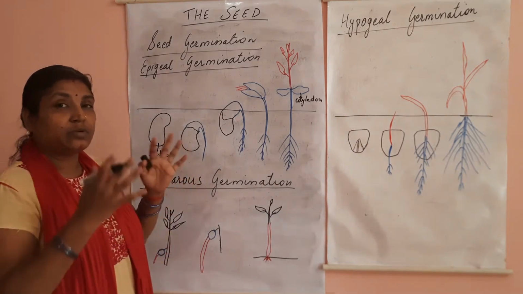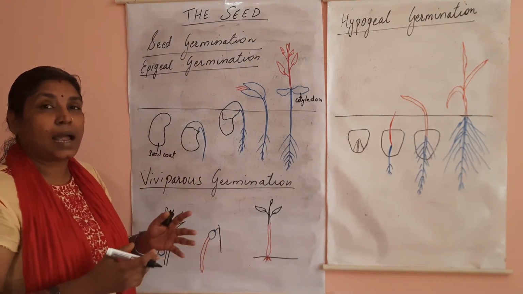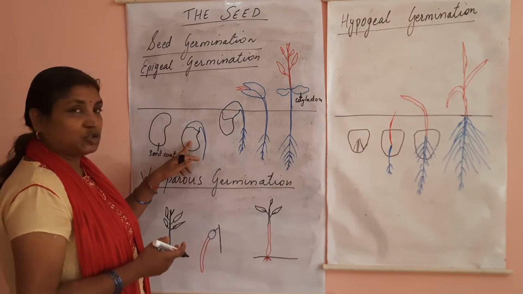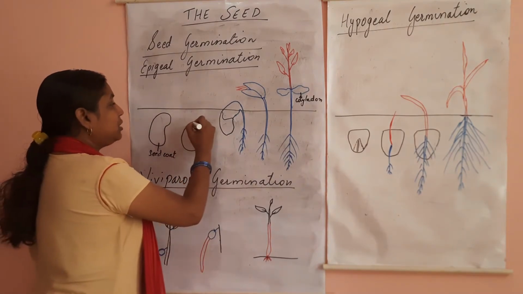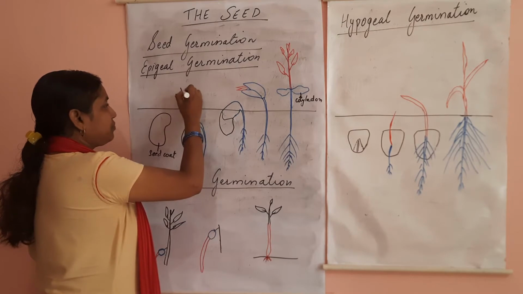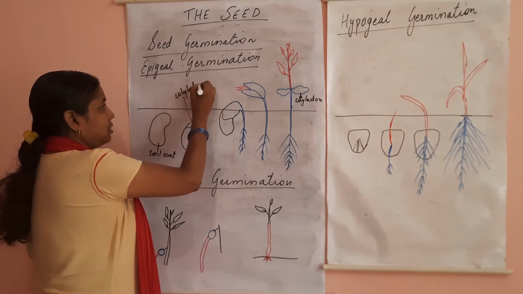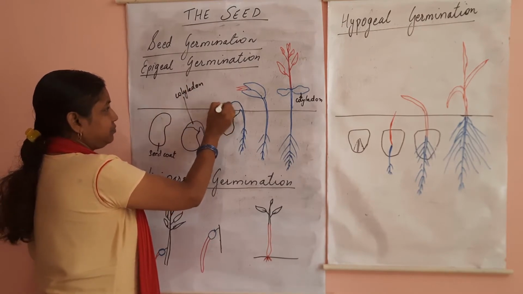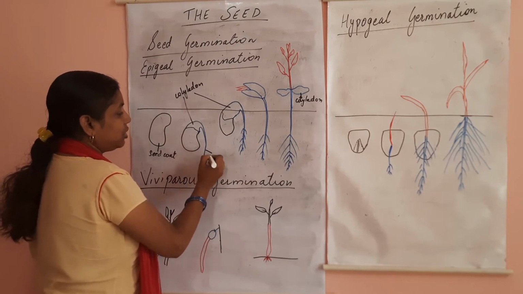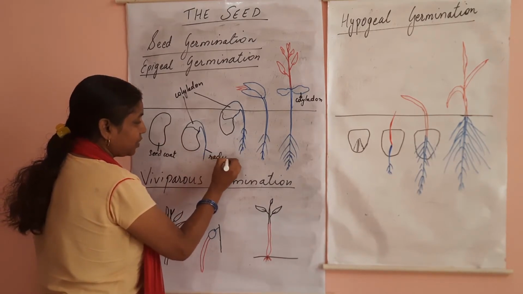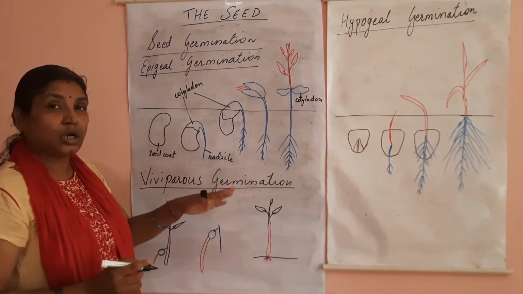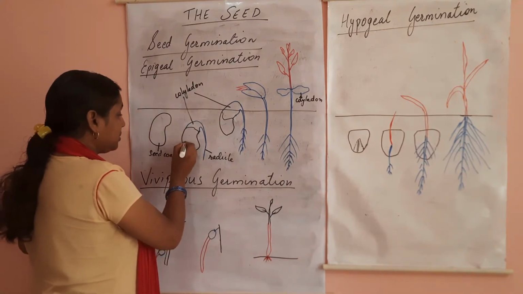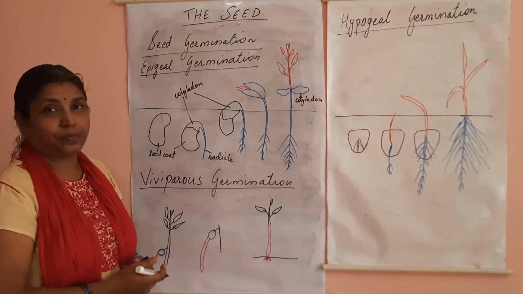Slowly and gradually it will absorb water, swell up and the seed pod will rupture and the cotyledon is exposed. So this is your cotyledon. This is your radicle which is going to develop into the root system and this is your seed pod.